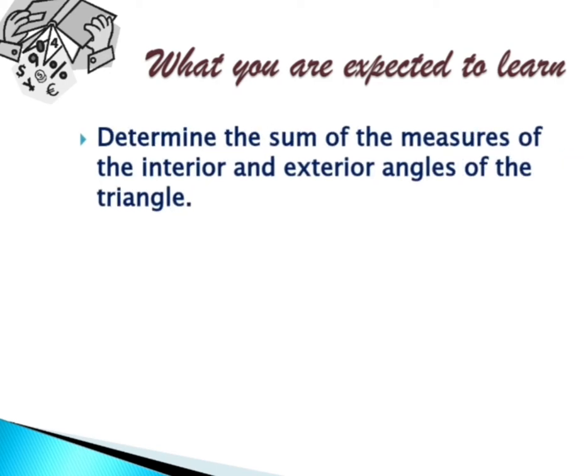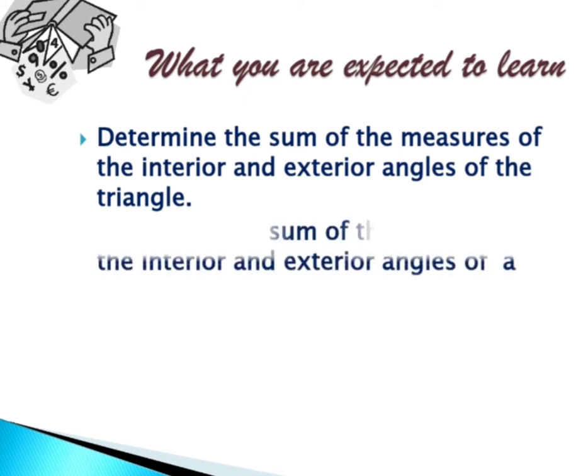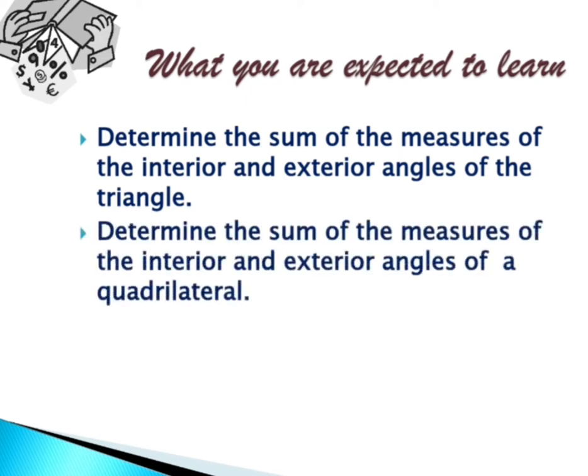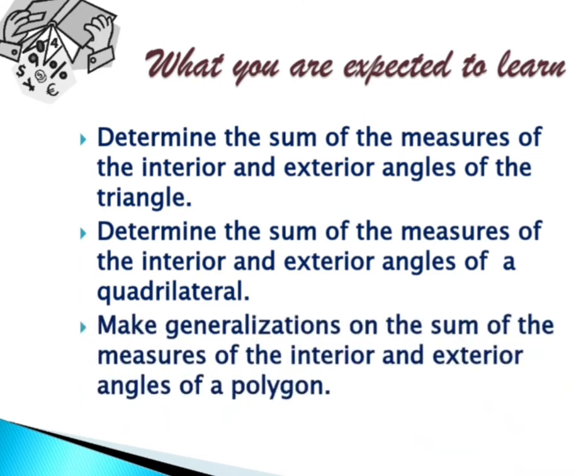We will learn how to determine the summation of the measures of the interior and exterior angles of a triangle, determine the measures of the interior and exterior angles of a quadrilateral, and make a generalization on the sum of the measures of the interior and exterior angles of any polygon.